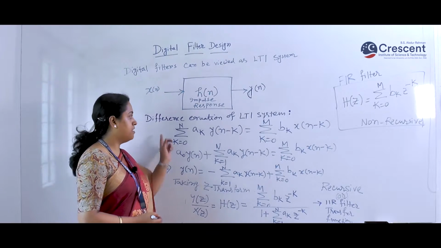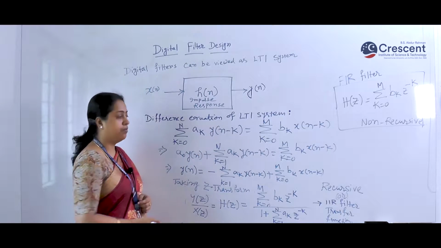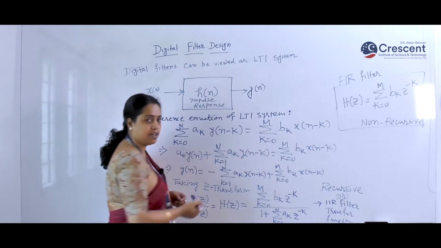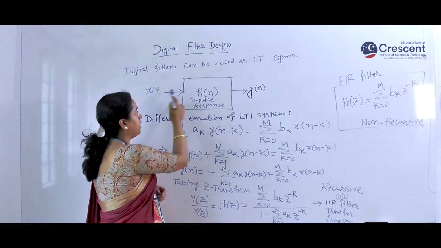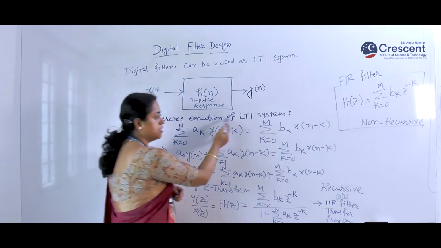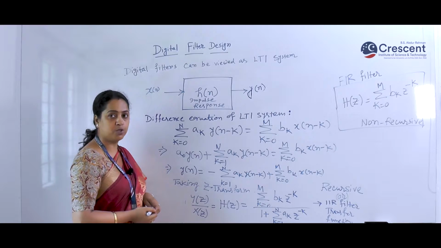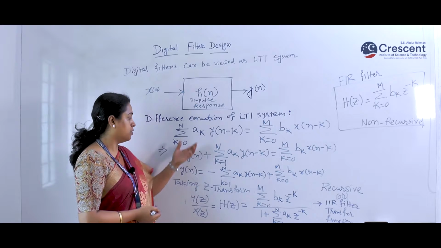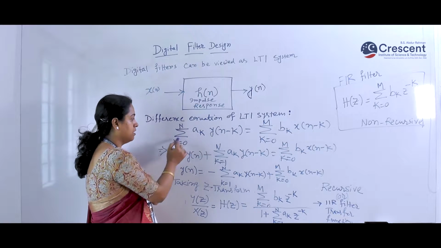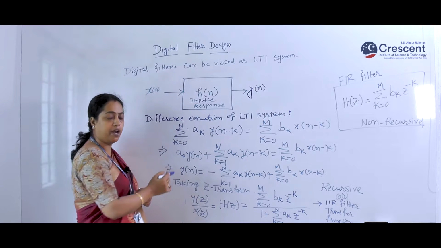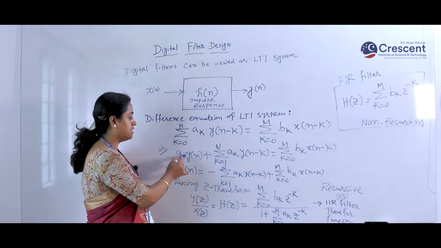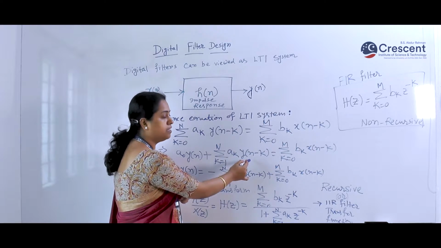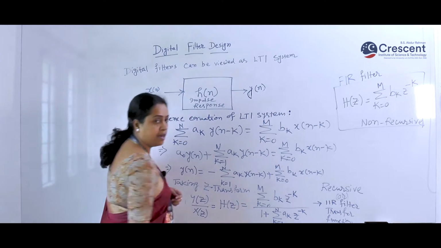If we see the difference equation of LTI system, we can write the output and input relation in this way, where this y of n is nothing but our output and x of n is input. So this is the difference equation which corresponds to the LTI system. So here if I break this summation from k equal to 0 to n, the first term for k equal to 0, that is a naught y of n, and the remaining terms, the right hand side similar thing.